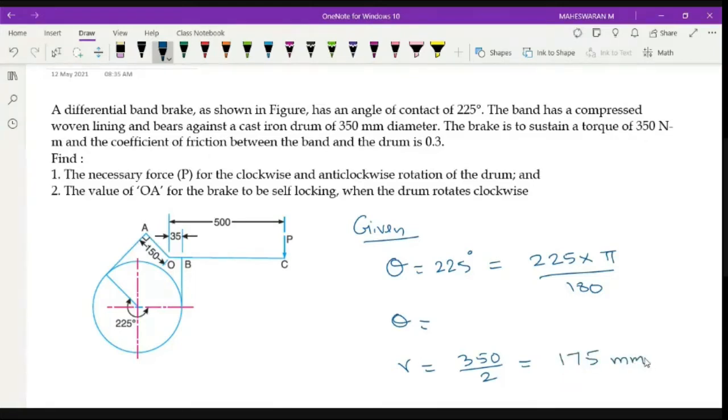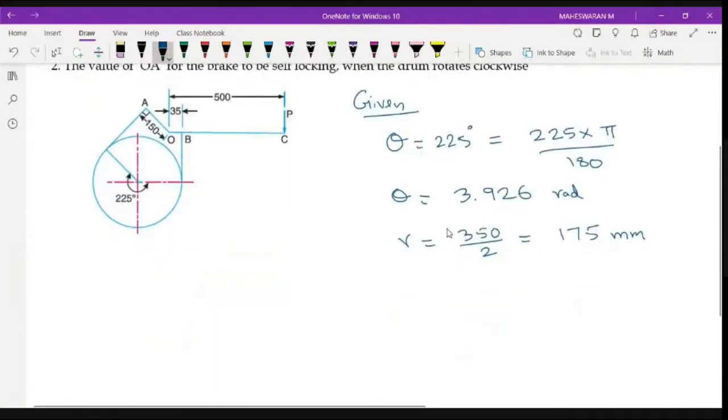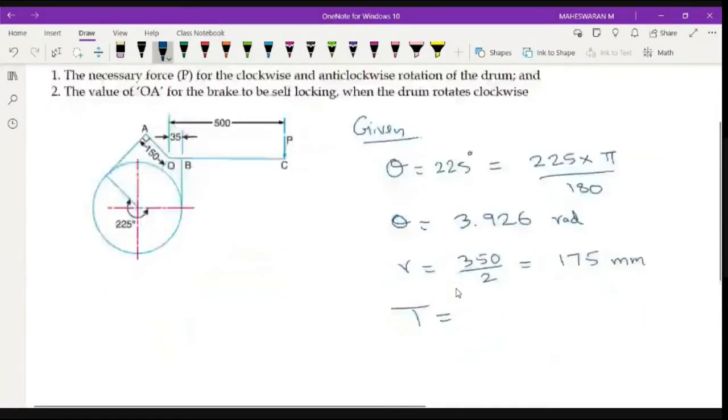What is the value of theta? We are getting 3.926 radians. Okay, so these are the values. Then torque is also given. Torque T is equal to 350 Newton meter.